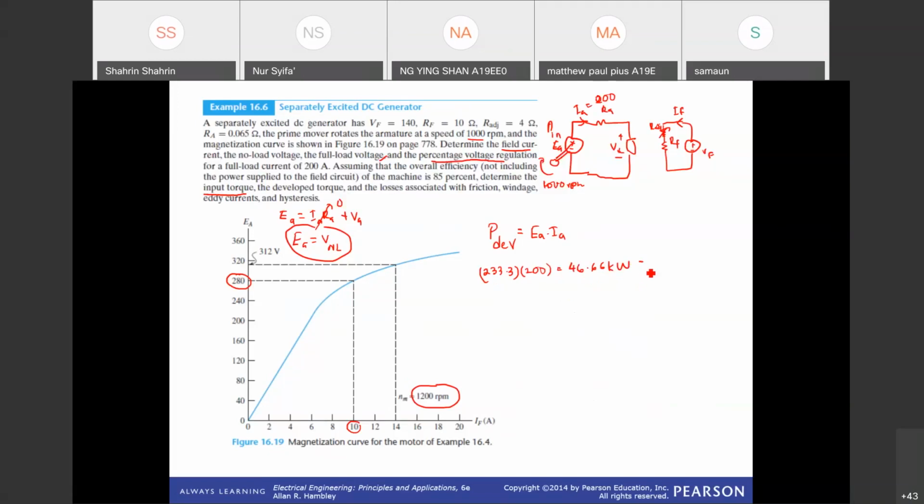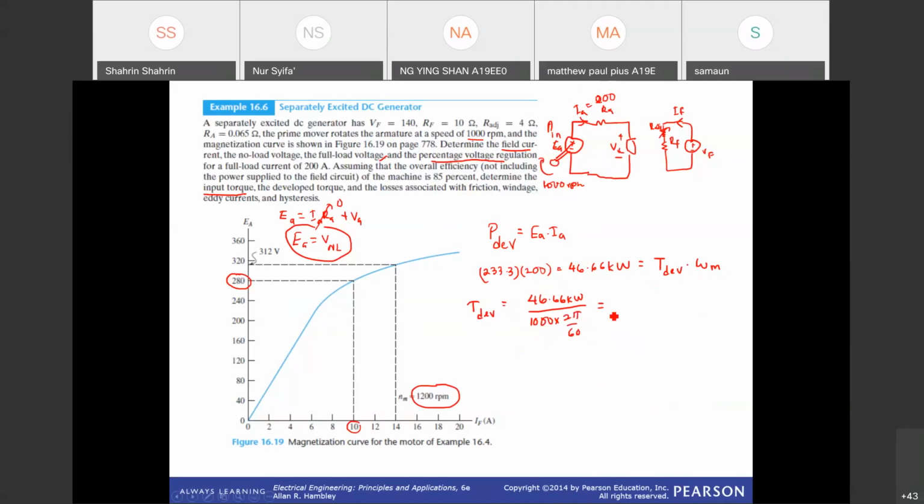This is equivalent to the torque developed in mechanical form multiplied by the speed. So you can get T, the torque developed by the generator, as 46.66 kilowatt over the speed of 1000 RPM multiplied by 2 pi over 60, because you want to convert into radian per second.